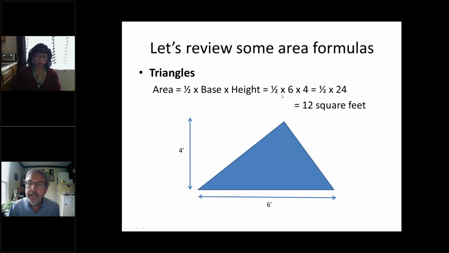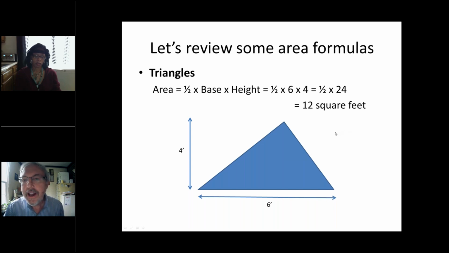So we have 1/2 times 6 for the base and times 4 for the height. So 1/2 times 6 times 4, which is 24. So half of 24, 12 square feet. And here, remember, square. So we use square feet since we have units of feet and we have an area. And one more review. Oh, did you have a question?